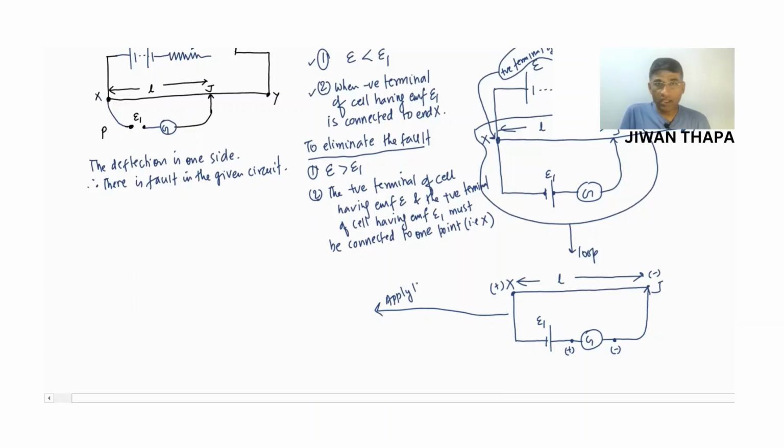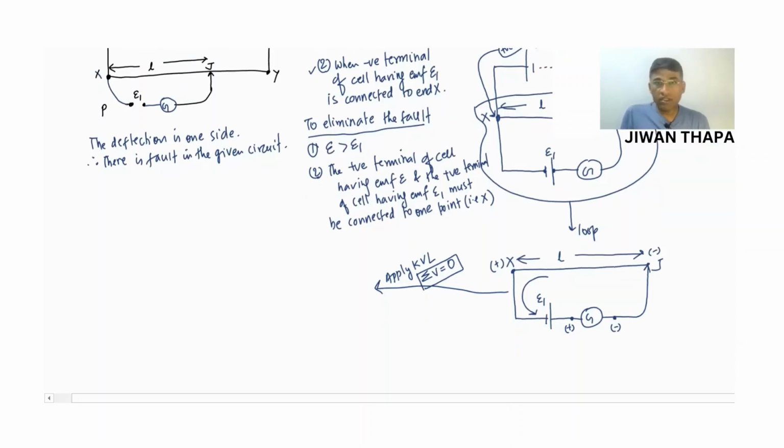Kirchhoff's voltage law, that is sum over V equals 0, for closed loop or closed path. Now let us move in anti-clockwise direction.